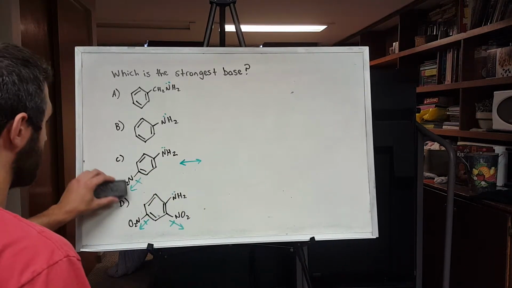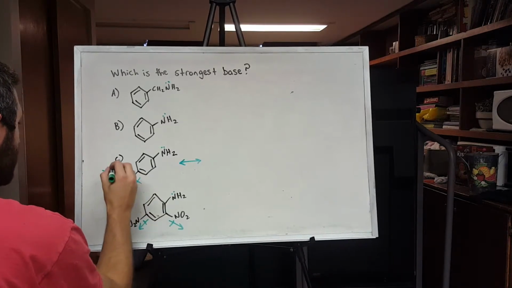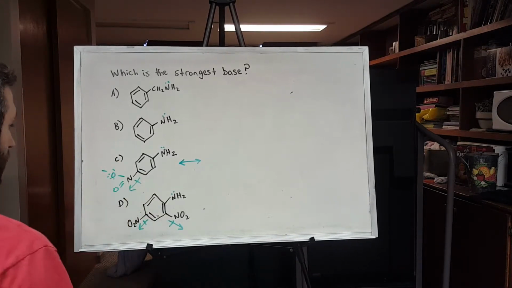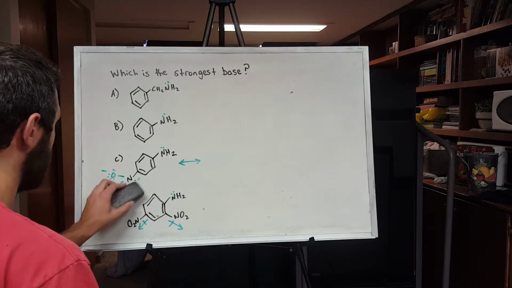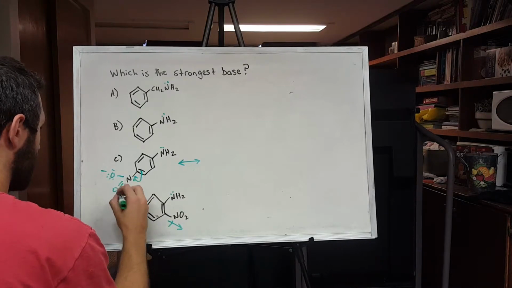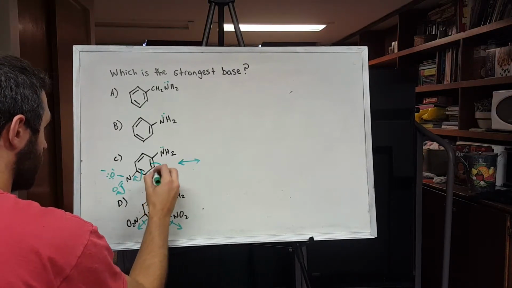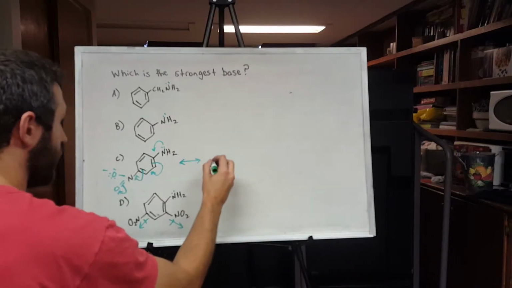So, for example, we can draw this with O minus, NO2, and we can move some positive charge here, like so. We go here and here.